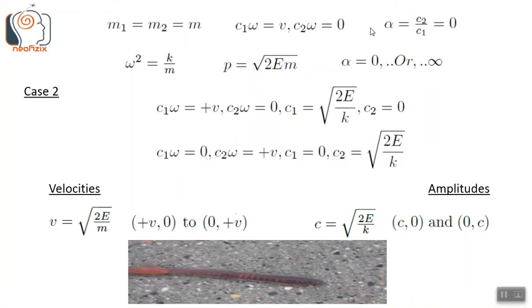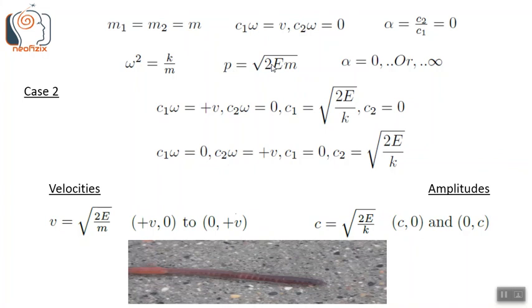Since C2 is 0 in the first step, the ratio of amplitudes alpha equals 0. From these m1, m2 and alpha equals 0 values, we get omega, that is frequency, as omega square equals k by m, or omega equals square root of k by m. The net linear momentum is P equals square root of 2E by m, which is not 0.